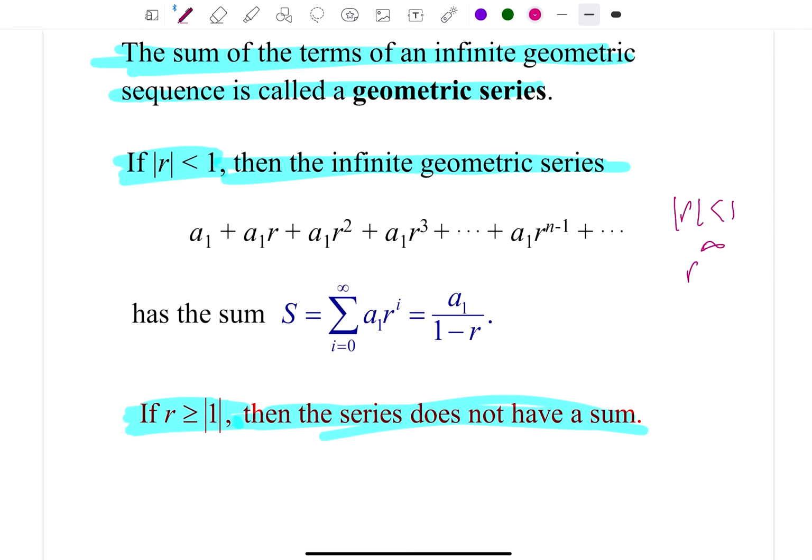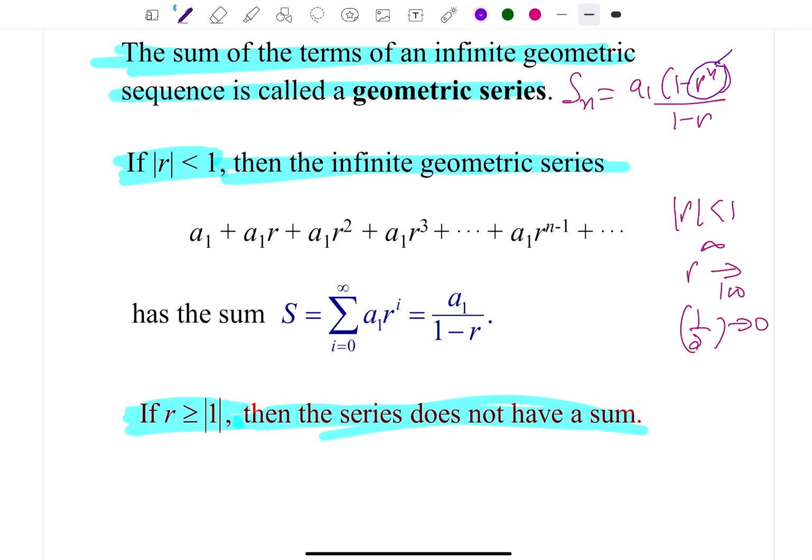So we had our sum formula as S n equals a1 times 1 minus r to the power n over 1 minus r. When r is less than 1, and you're talking about infinite terms, that term r to the power n is almost going to be 0.